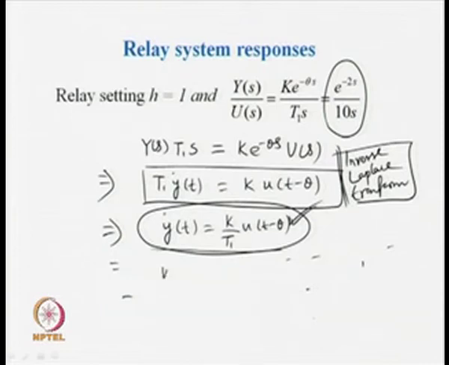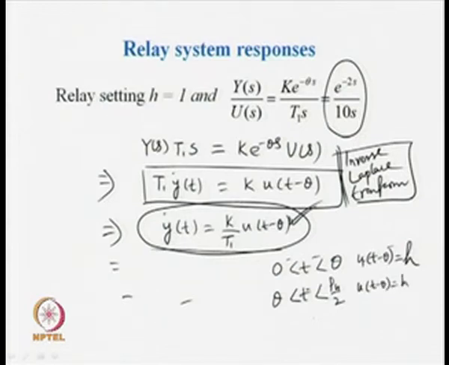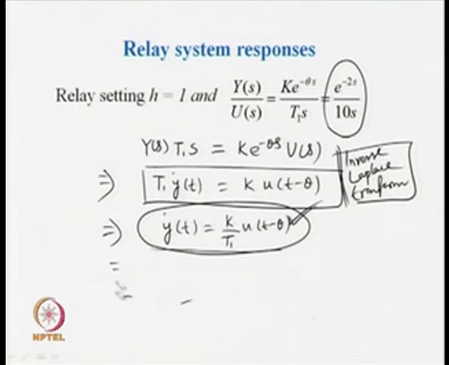When the input is becoming h, and when it is becoming minus h, has to be carefully decided. How can you decide? From time 0 to theta, when the input u(t minus theta) is concerned, it becomes h; for the time range beyond this, you cannot take u(t minus theta) equal to h, it changes. This factor must be taken care of. So, these things come from the solution of the delayed differential equation.